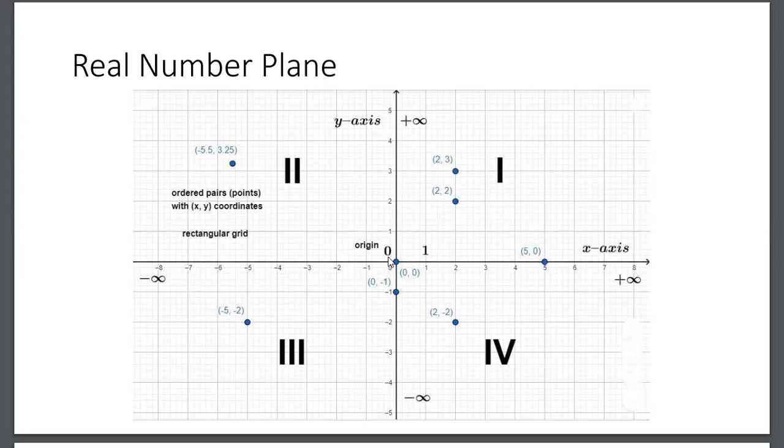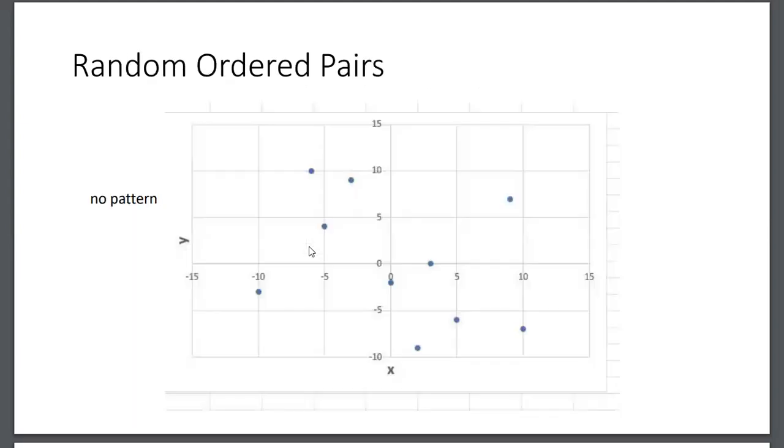Here we see some points graphed as ordered pairs. Visually, we can see them. Some random ordered pairs are shown here. Notice, since they're random, it's not surprising they have no real pattern.